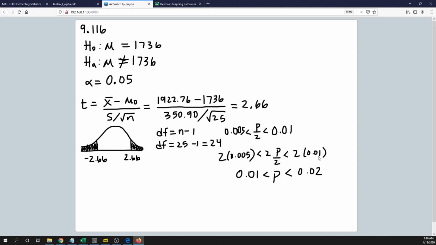All right, so we know that our p-value is somewhere between 0.01 and 0.02.